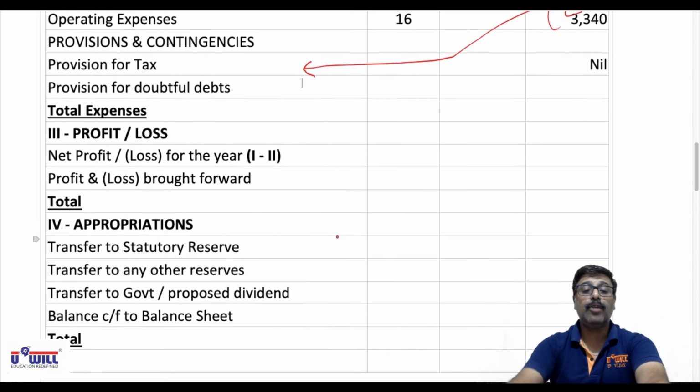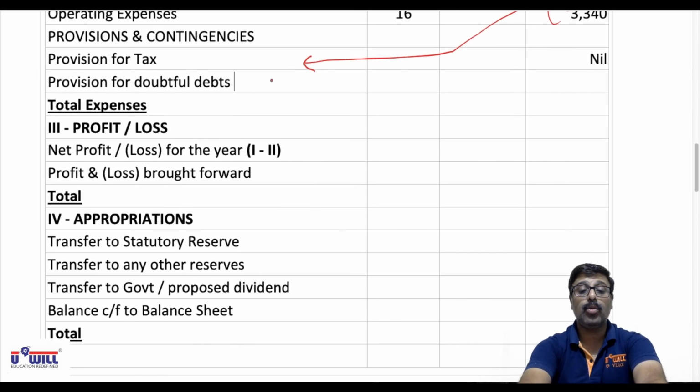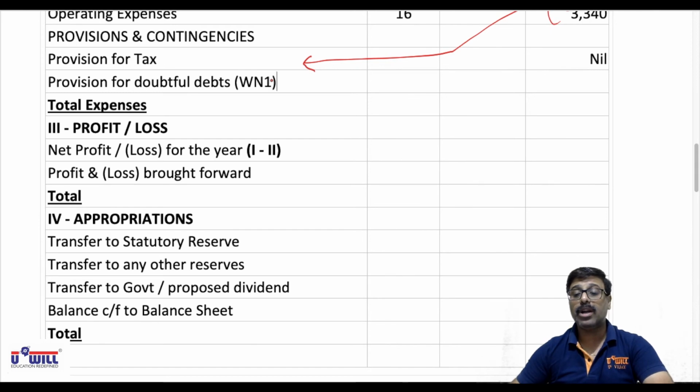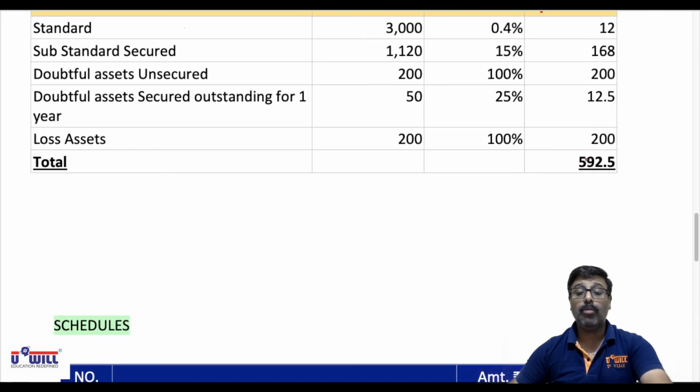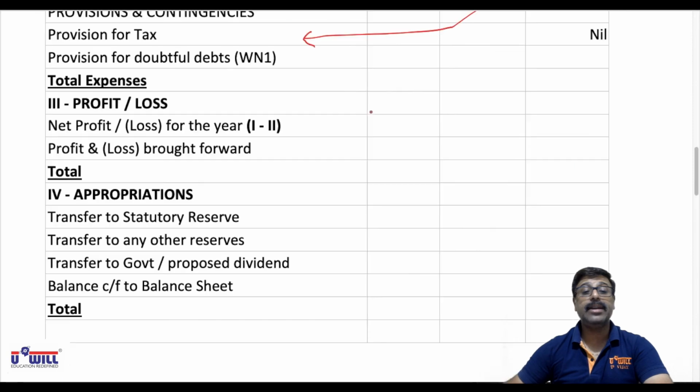And then provision for doubtful debts, we have done in working note 1. All of you see, what is the provision for doubtful debts? 592.5. Okay, here we have created 592.5.